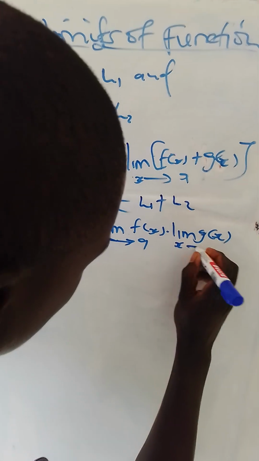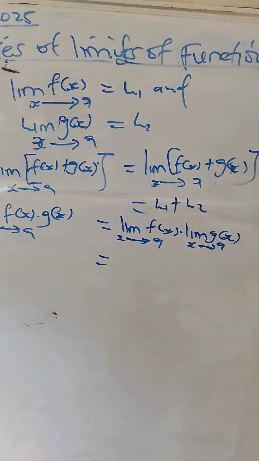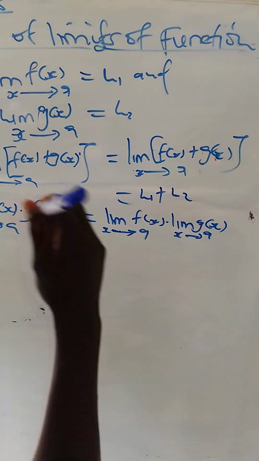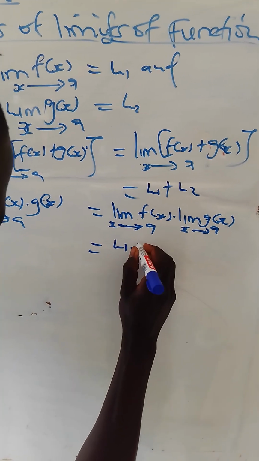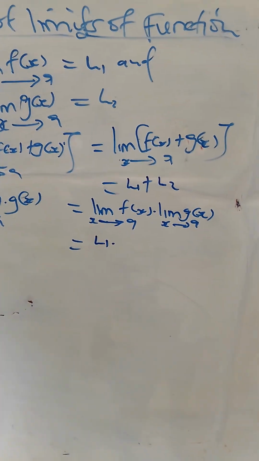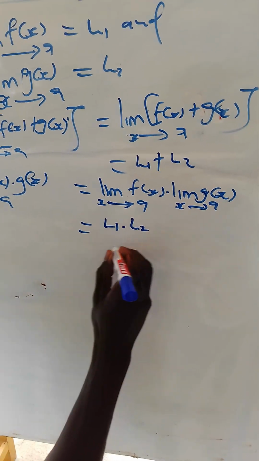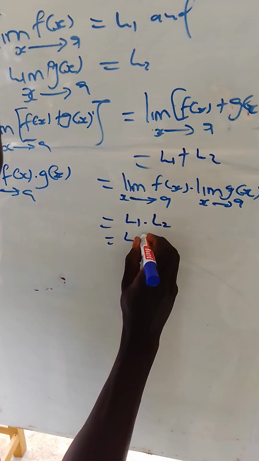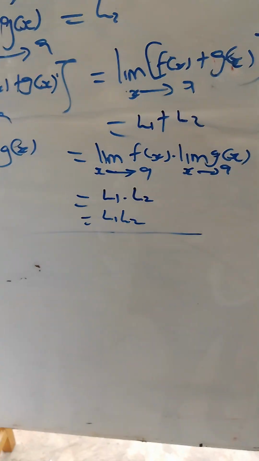Here also with x tending to a. This is the same as, since the limit of f of x for x tending to a is represented by L1, times the limit of g of x for x tending to a, which is the same as L2. So this one is our second property, the law for multiplication.